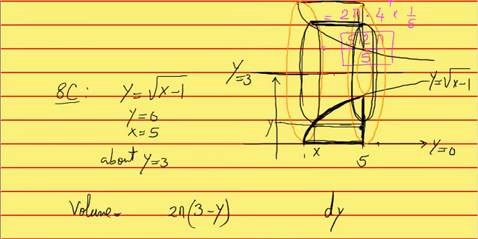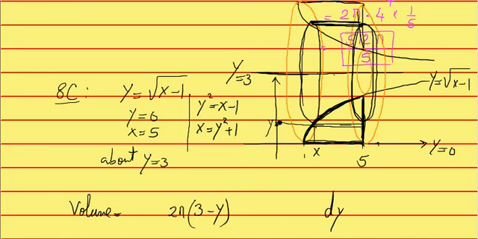So the height here is 5 minus x. But I would better have the x in terms of y in this problem to be able to use it. So I go ahead and say, if I square both sides, I get y squared is equal to x minus 1. So x is equal to y squared plus 1. It's an alternate way of describing this parabola.